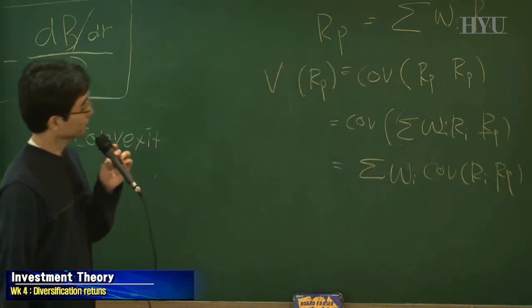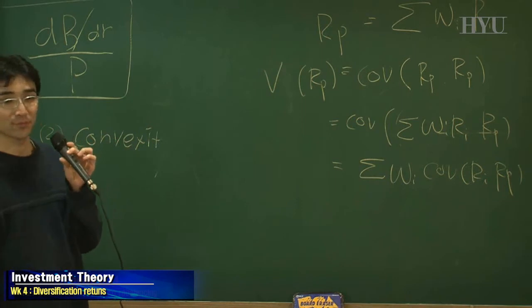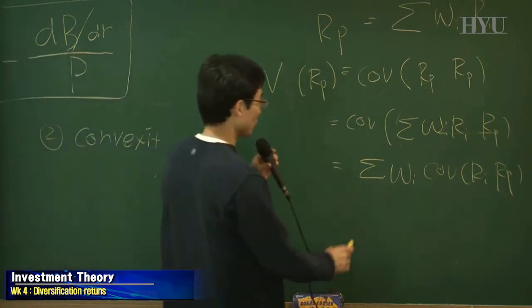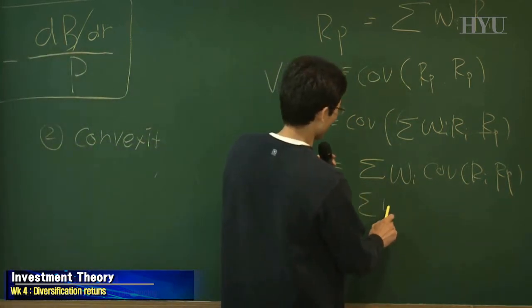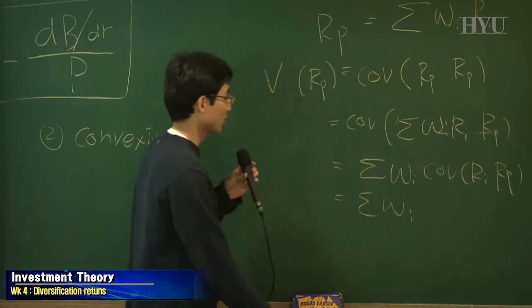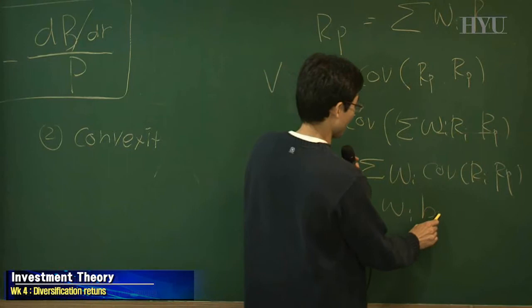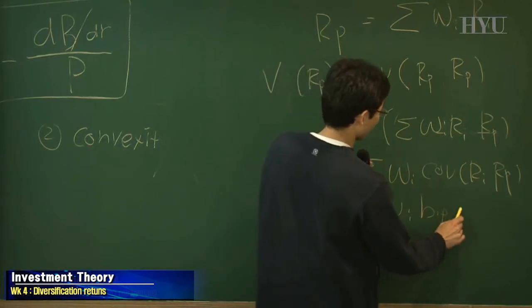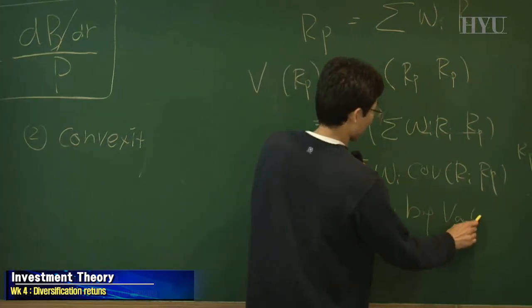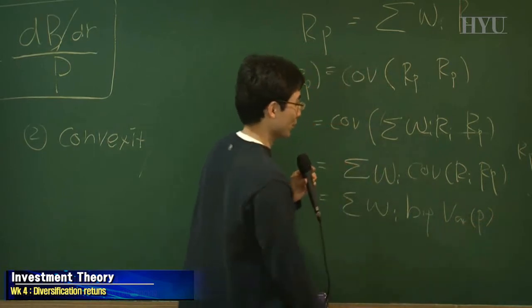And then we know this covariance part we can express with the regression coefficient and the variance of Rp.